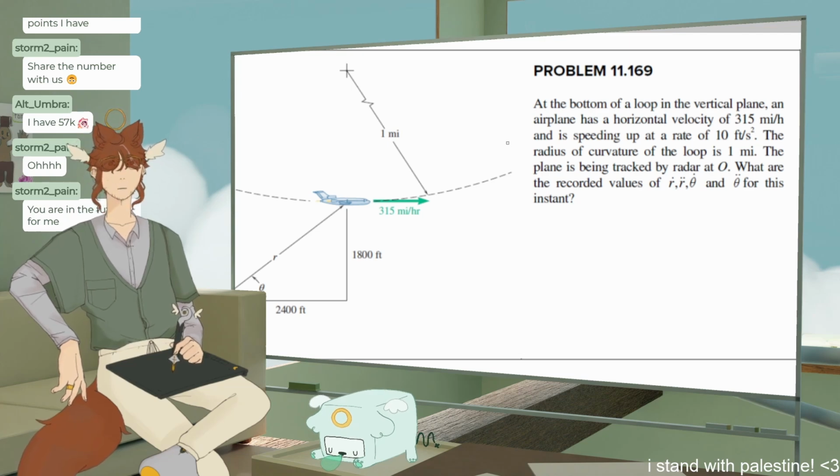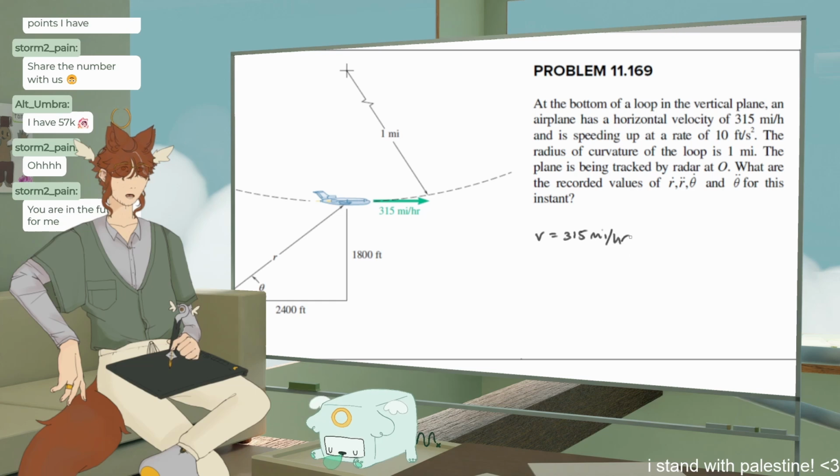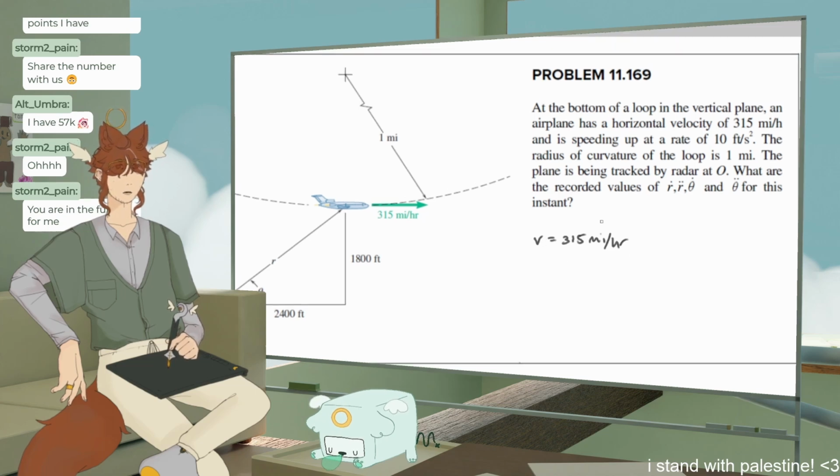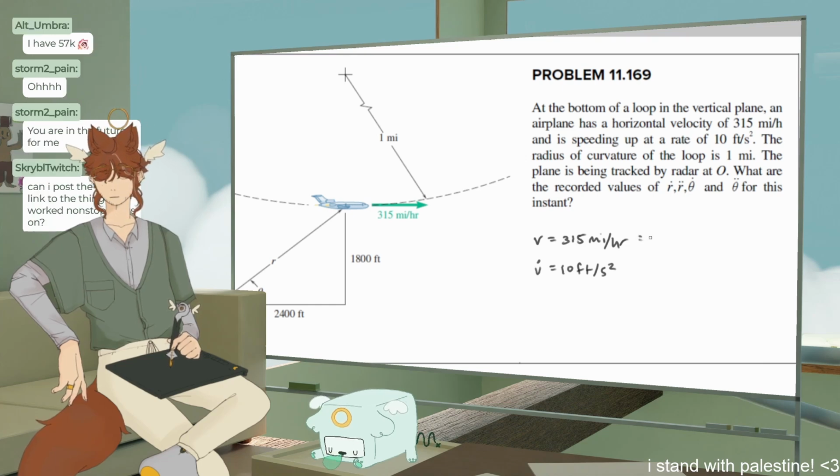A plane has a horizontal velocity, so that's our tangential. V equals 315 miles per hour and is speeding up at a rate of 10, so that's V dot equals 10 feet per second squared. Ew, feet per second and miles per hour? That's kind of cringe. Let's put this into feet per second, I guess.